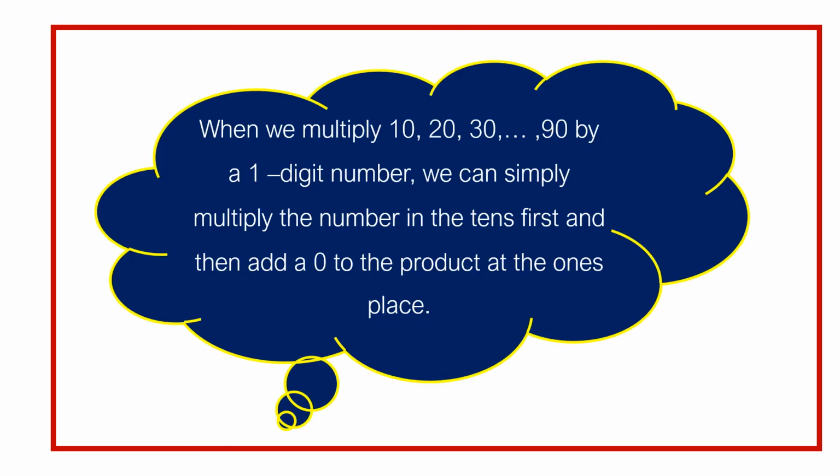So student, from the examples that we have looked at already, we can notice that when we multiply 10, 20, 30 up to 90, or if we multiply a number that has a 0 at the end by a 1-digit number, we can simply multiply the number in the tens first and then add a 0 to the product at the ones place.